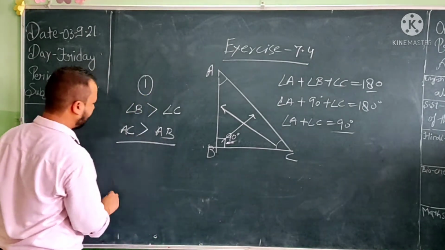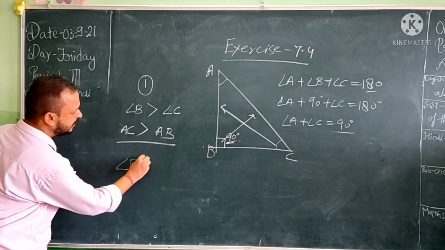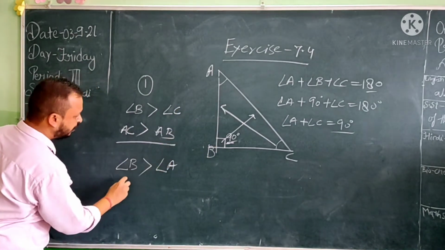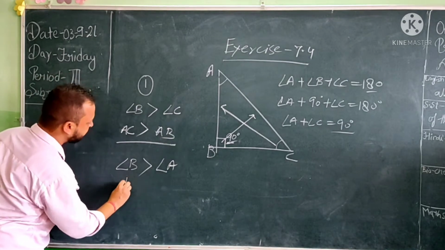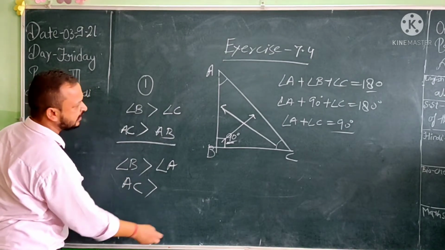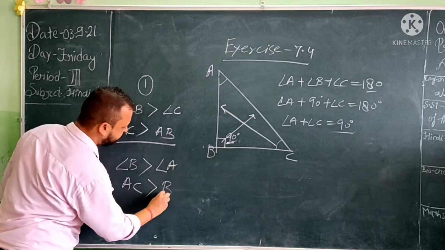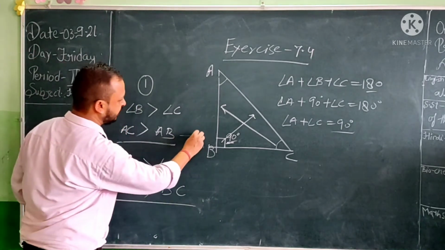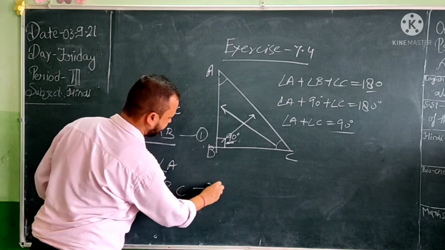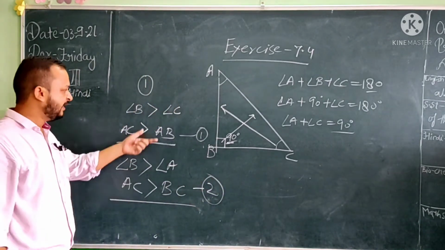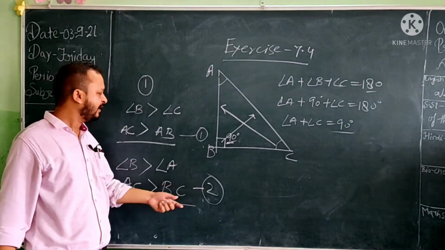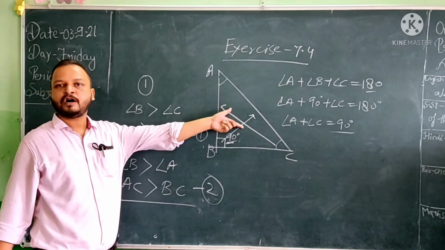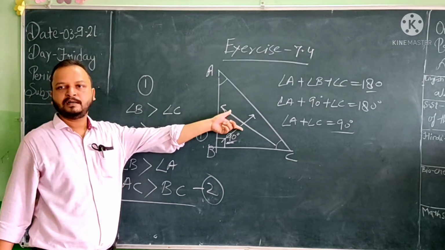Now once again, angle B is greater than angle A. So the opposite side of angle B is AC, which is greater than BC. So by these two conclusions, suppose this is equation 1 and this is equation 2, we can say that AC is the longest side of this right angled triangle.